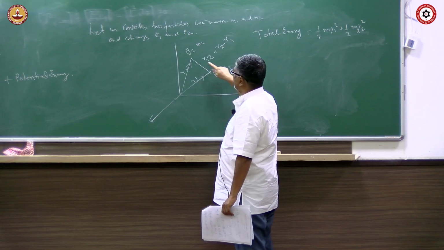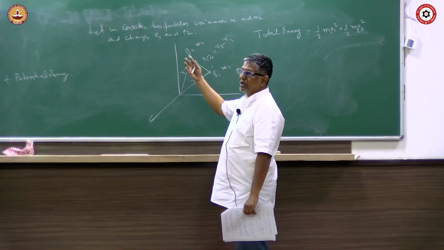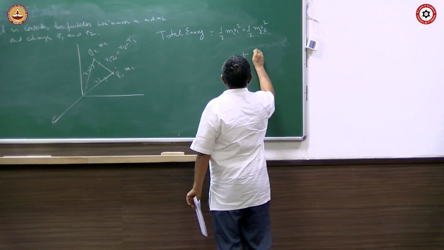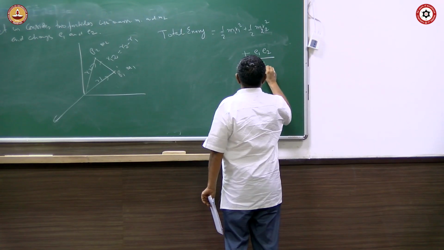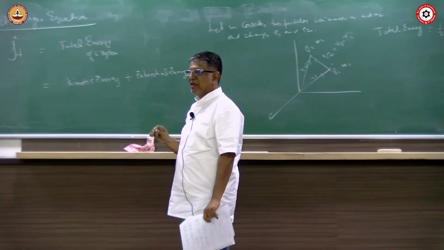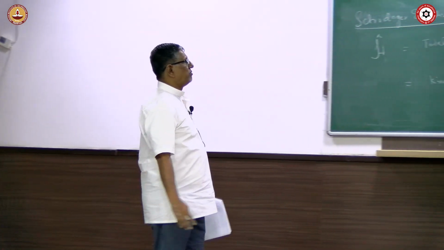Particle 1 has charge E1, another has charge E2, so it may be Coulombic attraction or repulsion. I write E1 E2 divided by R12, the distance between the two particles. This is Coulomb's law. The force of attraction or repulsion between the two charges is directly proportional to the product of the charges and inversely proportional to the square of the distance. And the potential is directly proportional to the product divided by the distance. You are all familiar with this.